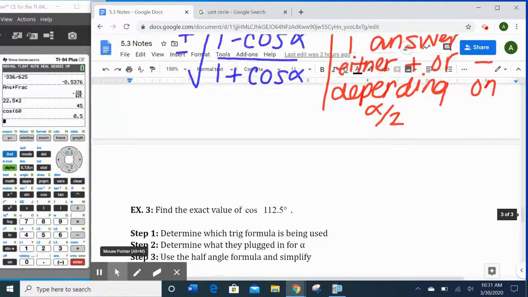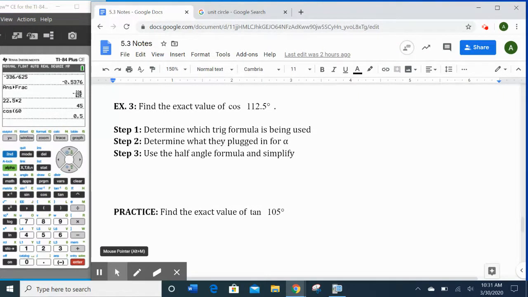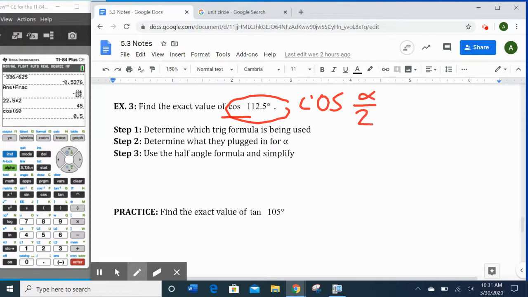So we will move on. I have these formulas written down. So example 3, find the exact value of cosine of 112.5. So they say determine which trig formula is being used, determine what they plugged in for alpha. So obviously the trig function being used is cosine, and this setup is cosine of alpha over 2.